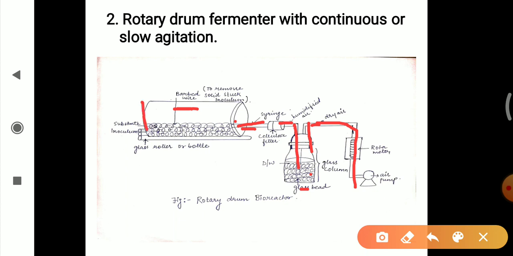This bottle is placed on the roller system composed of 5 cylinders that rotate the bottle continuously, and inside there are substrate and inoculum. The barbed wire removes the stuck solids.